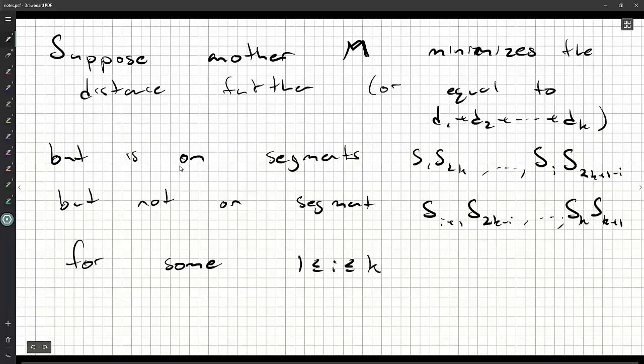So there's some segment, and it could be the innermost segment. Heck, it could even be the outermost segment. Who knows? So I'll let I be 0 to say it's not on anything.